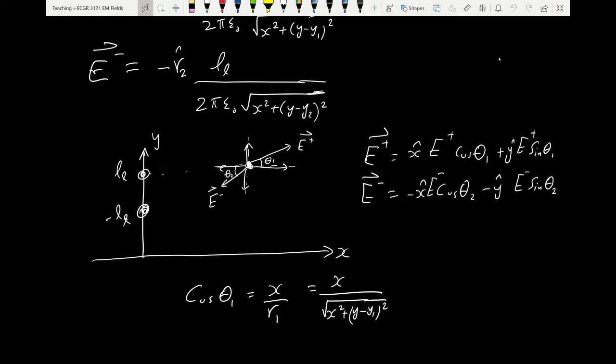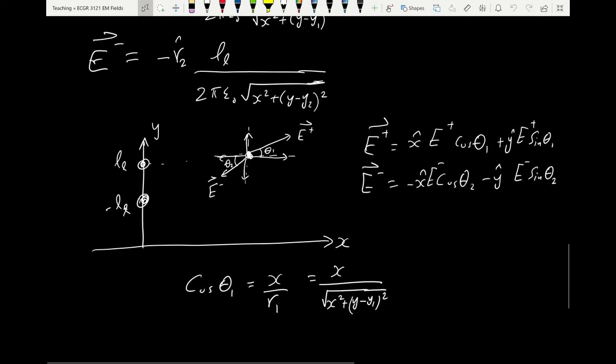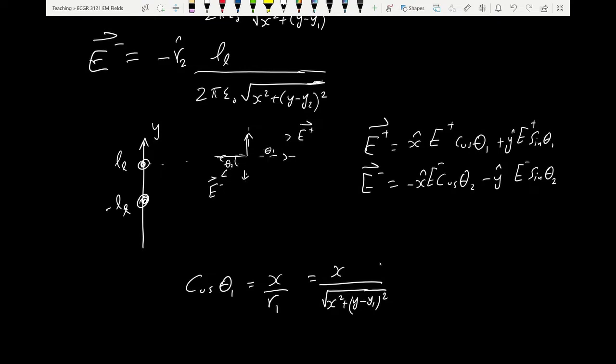Okay, let me make the figure a bit clearer. So let me erase this, to show you how we evaluate the cosines and the sines.